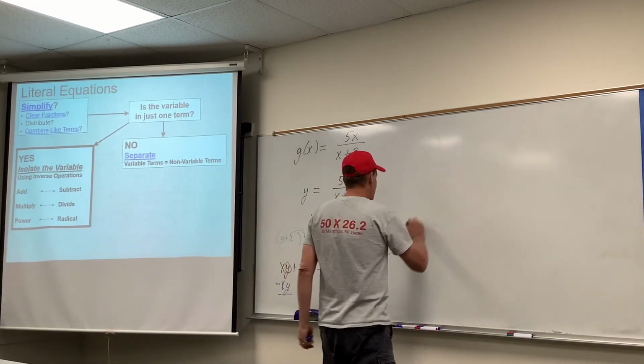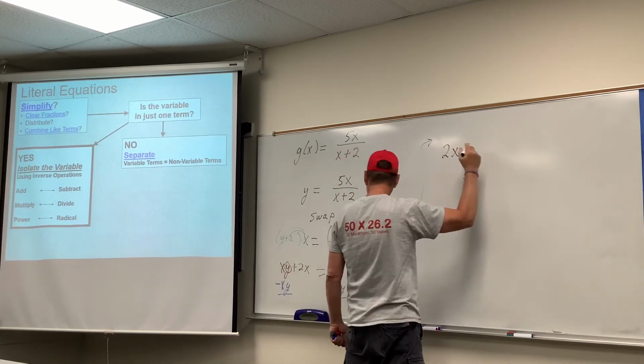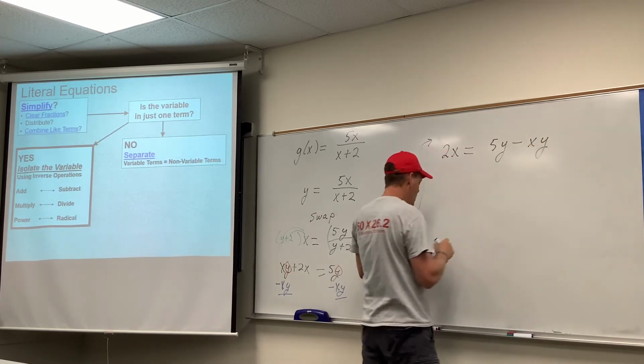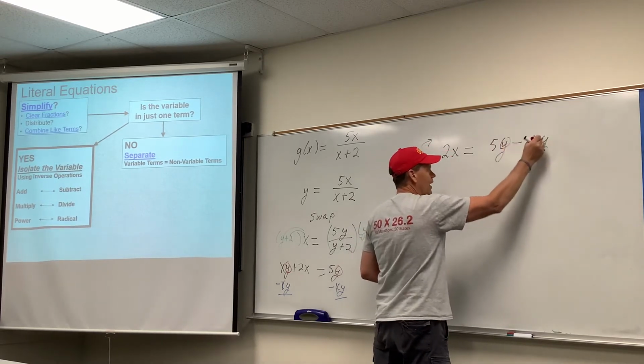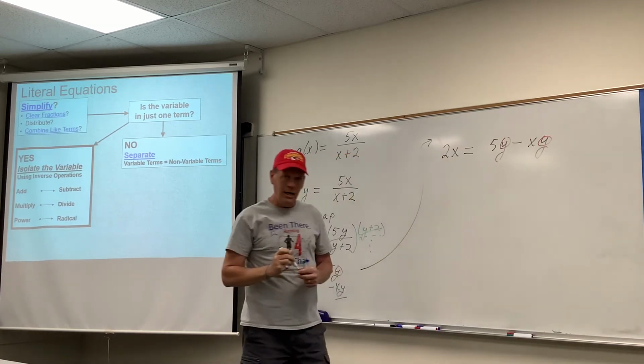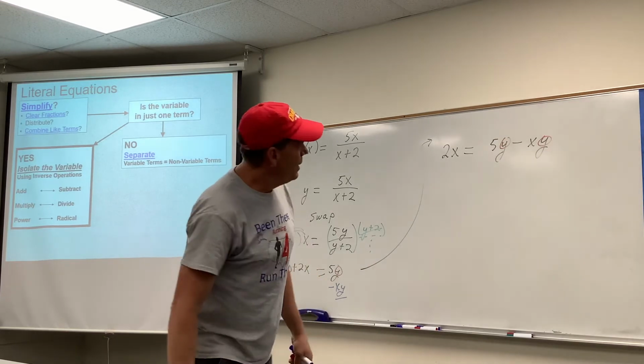So at this point, the equation becomes 2x equals 5y minus xy. Note, these two terms that both have y are on the same side, and this term that doesn't have y is on the other. Oh, that is so assignment 15. All right?